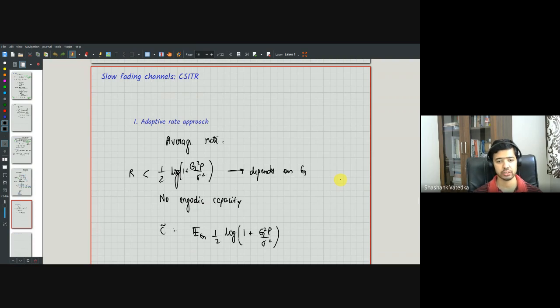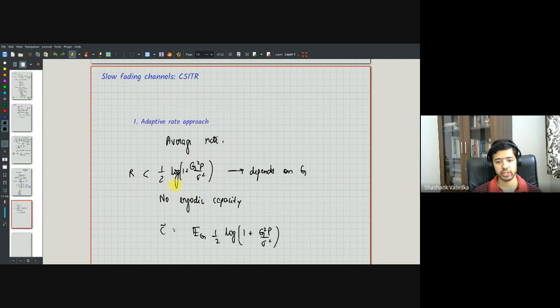Right? You know that certainly if both the transmitter and the receiver know that the channel coefficient is G, then you can communicate at a rate close to half log 1 plus G square P over sigma square. Right? But this is not really the ergodic capacity, although the expression is the same as that of the ergodic capacity of a fast fading channel.